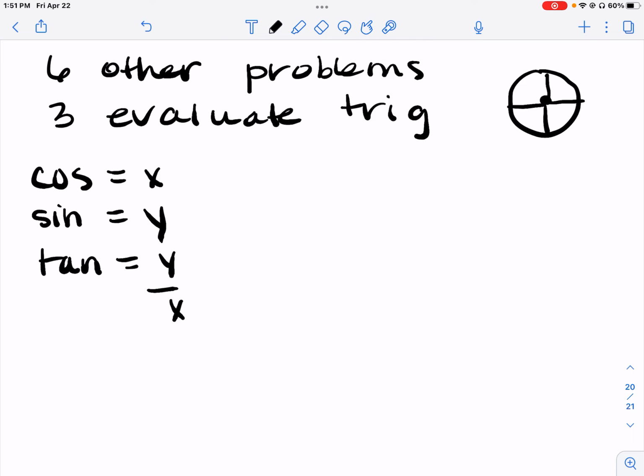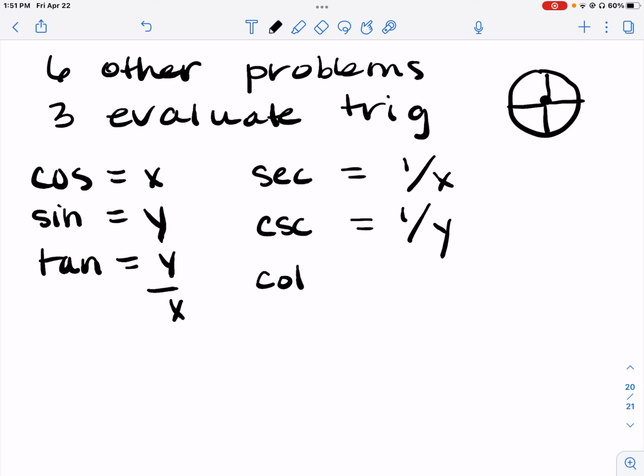So the cosine of something is the x coordinate. The secant flips cosine. Cosecant flips sine, so 1 over y. And cotangent is the flip of the tangent.